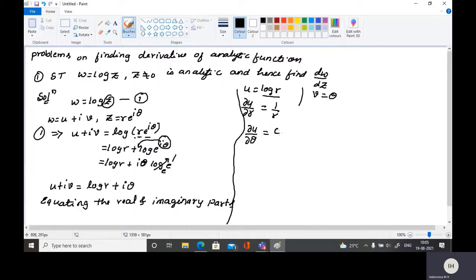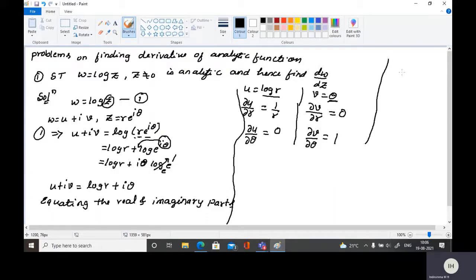Differentiation of log r is 0, because r is constant with respect to theta. Two derivatives we got, 2 more with v. Differentiate v partially with respect to r, keeping theta constant. Since theta is constant, the differentiation is 0. Next, differentiate v partially with respect to theta, keeping r constant. Differentiation of theta with respect to theta is 1.